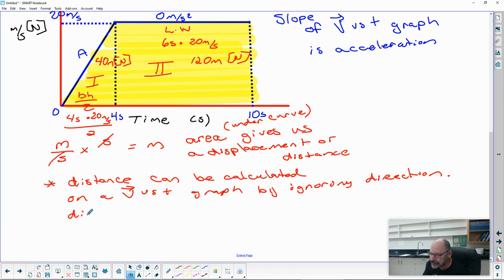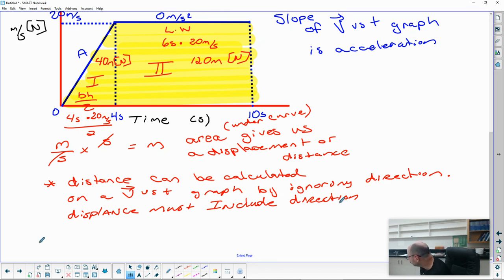Displacement must include direction. And we'll do an example like that. Okay? And then, of course, acceleration is just slope.